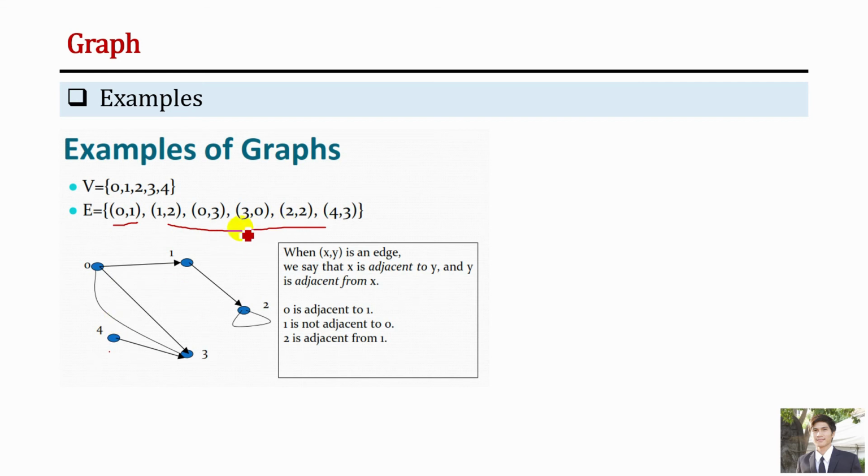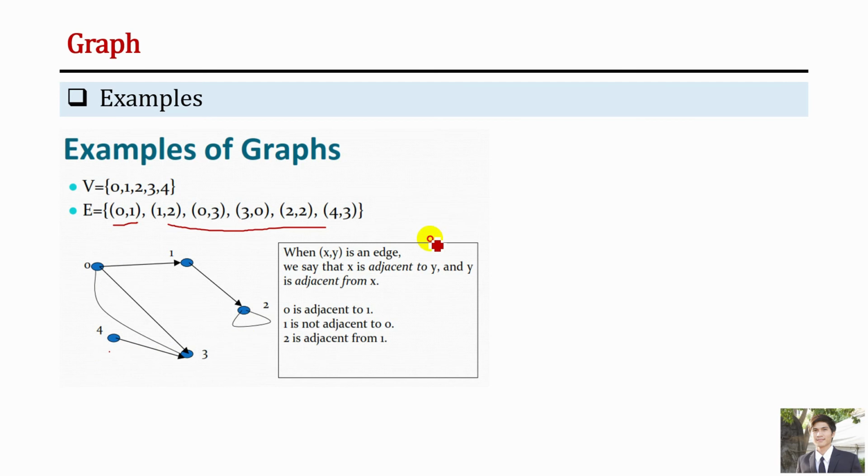In total we have 6: 0 to 1, 0 to 3, 1 to 2, 2 to itself, 4 to 3, and 0 to 3. So in total we have 6.